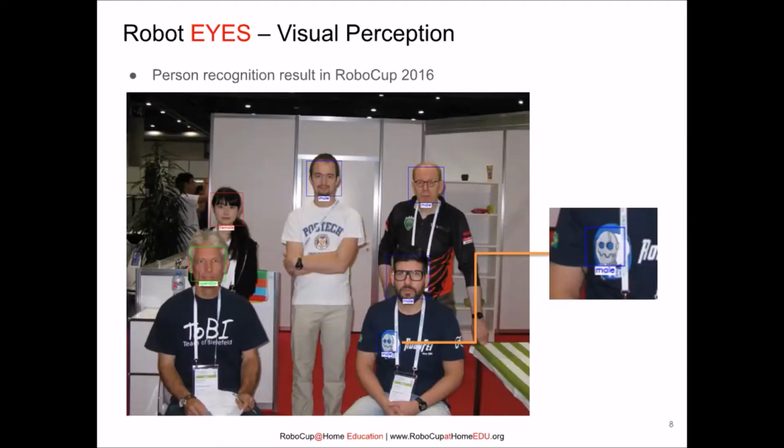Detection is, in one picture, how many faces are there, right? So this is detection. Recognition is, among all these faces, the first one on the left belongs to who, the name, right? And the second one belongs to who, which means you can associate this face to this person. You know the name. So that is recognition.